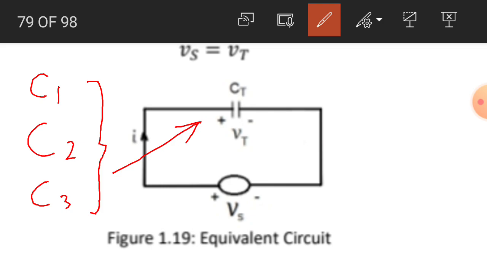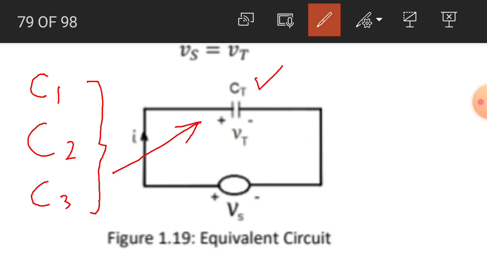You see, there are three capacitors in our series combination, C1, C2 and C3. So over here we assume that the capacitance of this single capacitor is equal to the total capacitance of our series circuit. The series circuit is circuit number 1 and this circuit is circuit number 2.